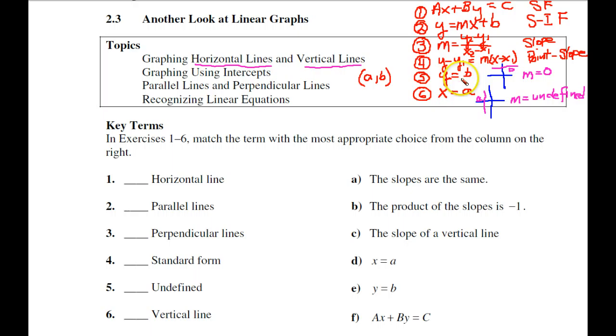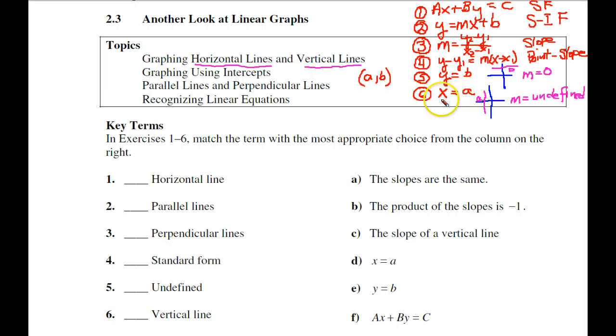Again, y equals b is the generalized formula for the horizontal line. Y equals 6. 6 is the y-intercept. It would be a horizontal line going through point B, which is 6. In formula 6, this is x equals a.